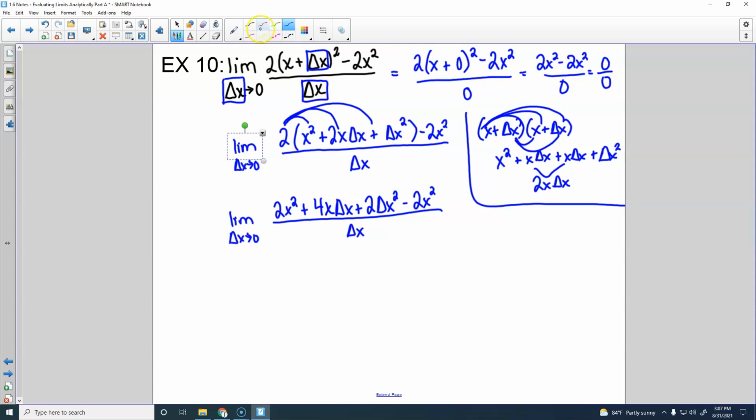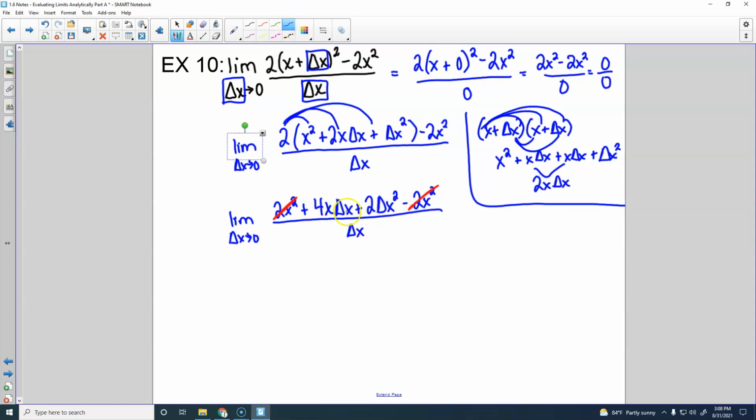At this point, do you guys see anything that will cancel? Can't cancel delta x yet. It's this 2x squared and the negative 2x squared. If you've done it right, the only stuff that should be left should have a delta x with it. Anything without a delta x should go away if you've done it right. So you can see here I've got 4x delta x plus 2 delta x squared.